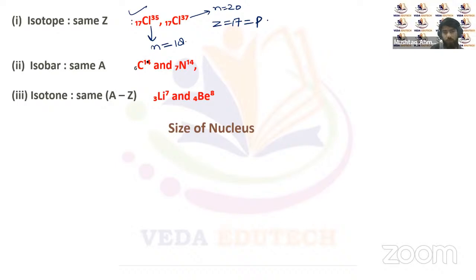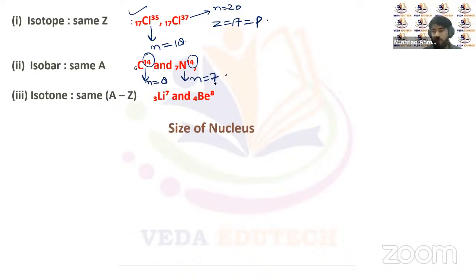It means the number of neutrons in carbon 14 is more than in nitrogen. Here the number of neutrons is 8, and here it is 7 only. So they have the same mass number but different atomic numbers.